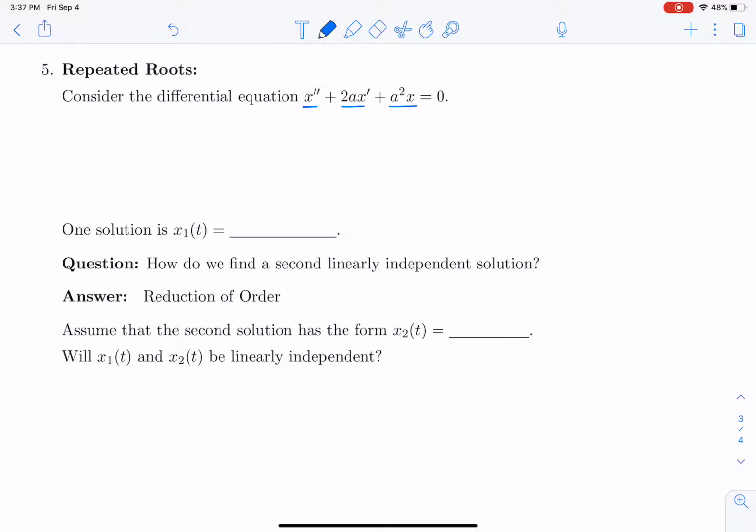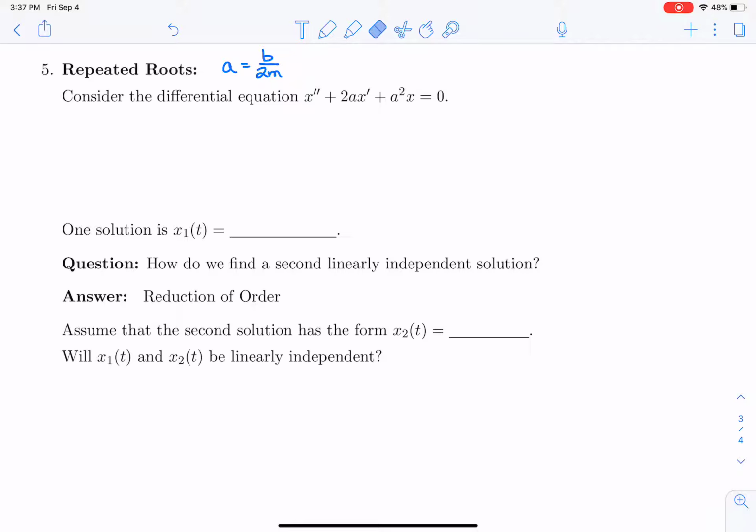In this case, I'm thinking about a as being b over 2m. And so that means that the a squared will exactly balance this out so that we only get one root.